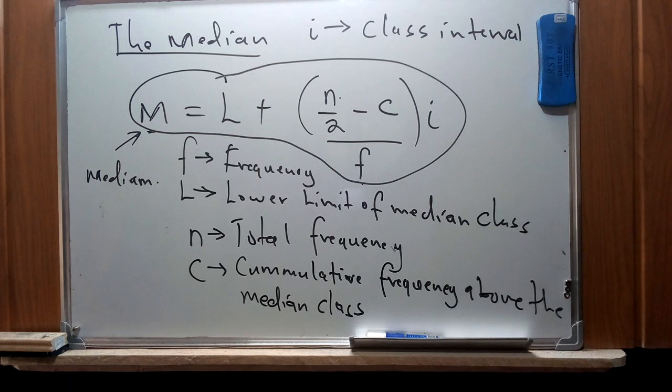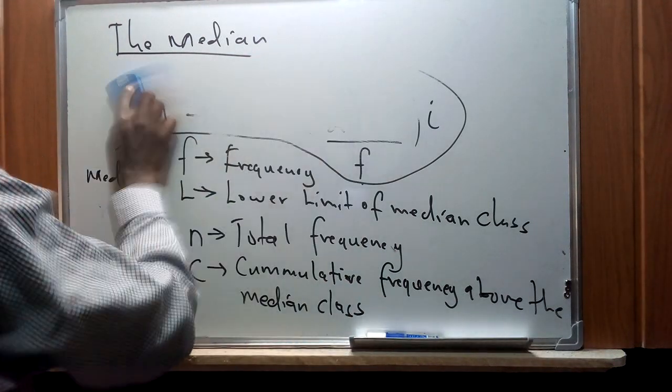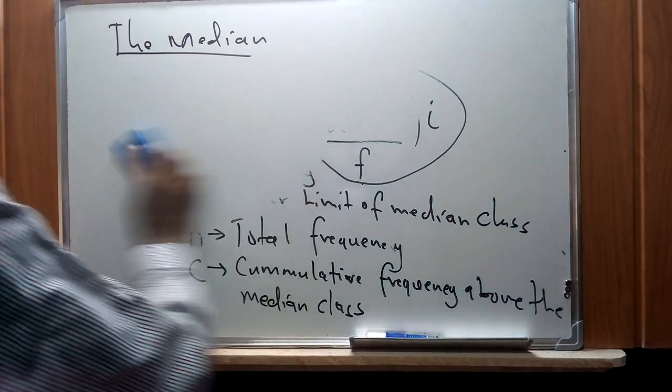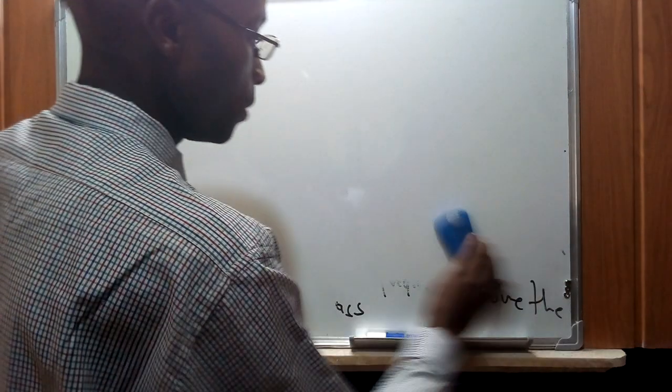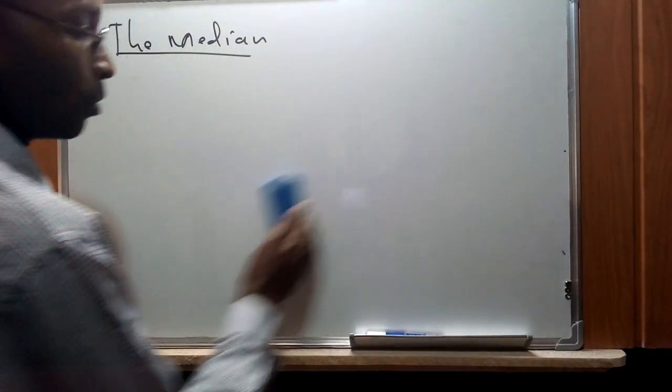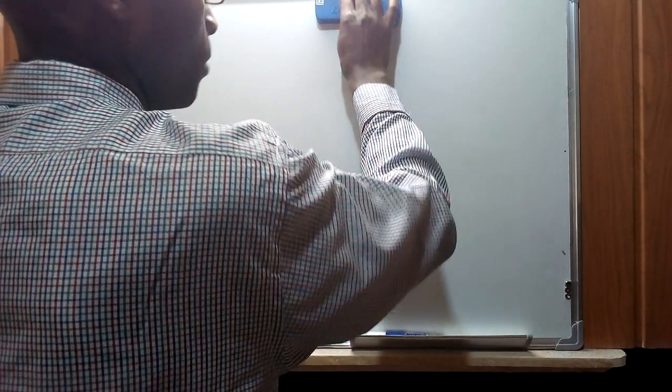So we're going to use a sample question to work out an example of this measure of central tendency, so that it can assist us to understand this concept of median. I'm going to give this formula, write it somewhere so that we can use it appropriately.